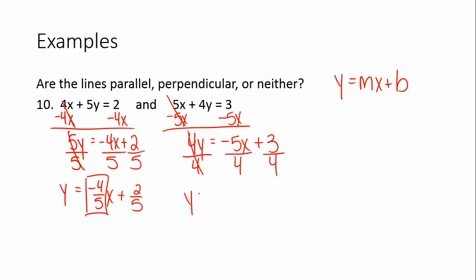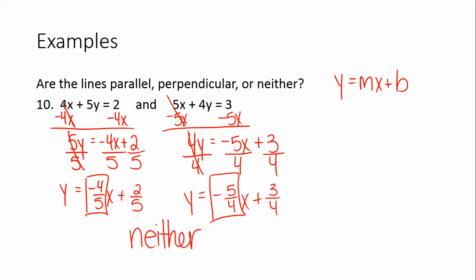But we get y equals negative 5/4 x plus 3/4, and again, we're not real concerned with the y-intercept. We just want to know the slope. So here we have numbers that are reciprocals, but they are both negative. So that means they can't be perpendicular. They are neither.